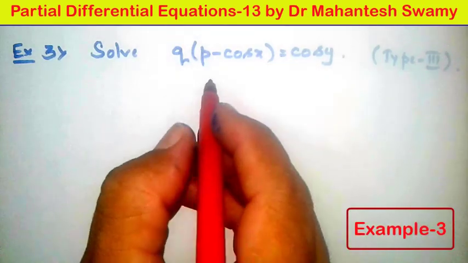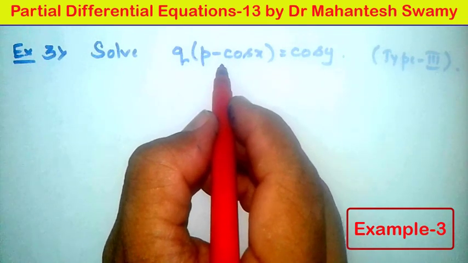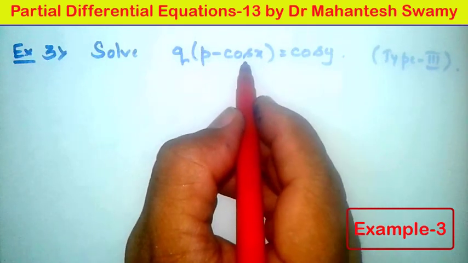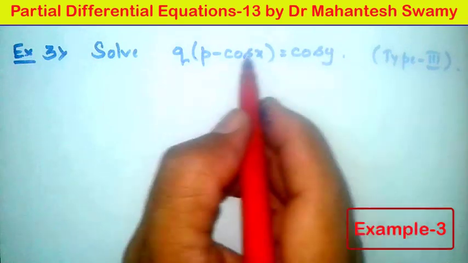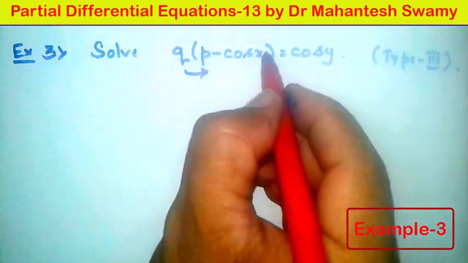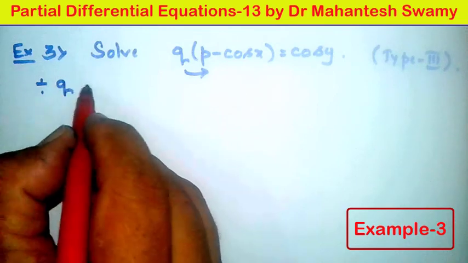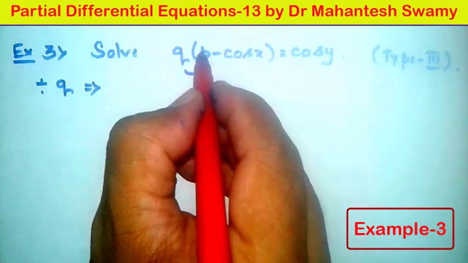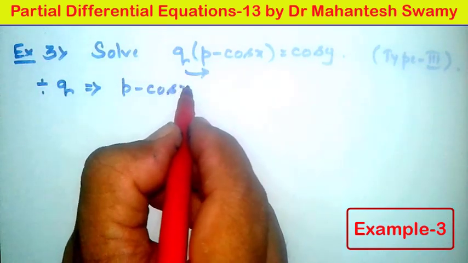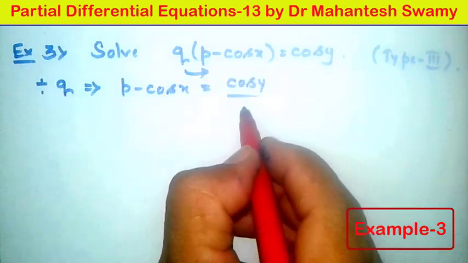So in order to solve this we have to first rearrange the terms in such a way that the terms with x and p are on the left hand side, y and q on the other side. So it is better to take q to the other side, so that by dividing with q on both sides, q cancels here, p minus cos x is on the left hand side, whereas on RHS it is cos y by q.